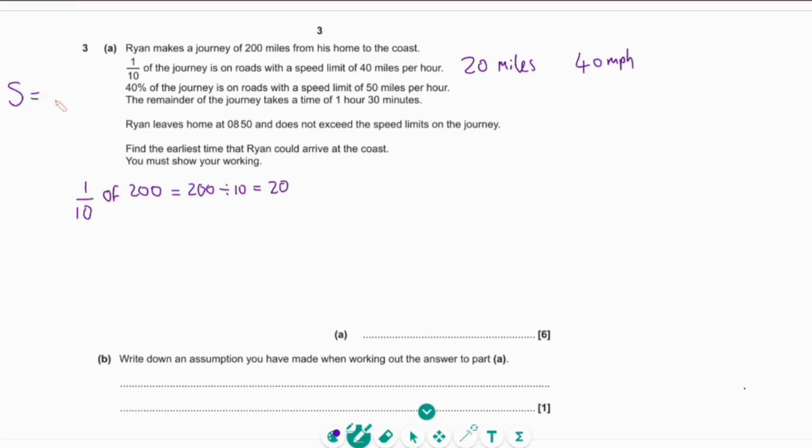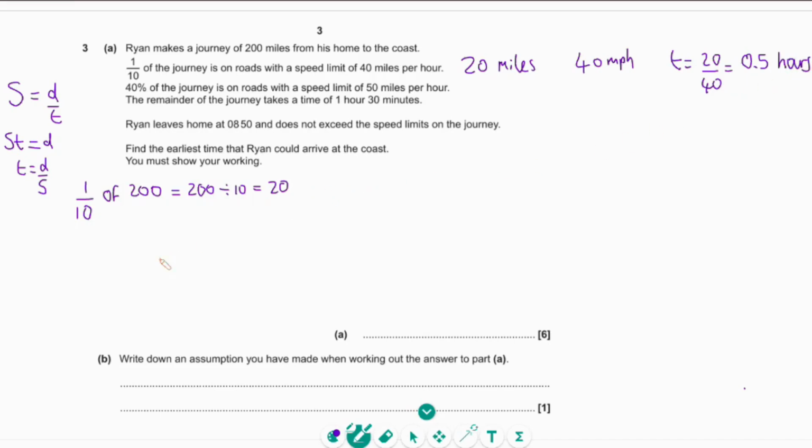Speed equals distance over time. If I rearrange this formula, times both sides by time, speed times time is distance. Then I can divide both sides by speed. Time equals distance over speed. 20 over 40 is 2 over 4, which is 1 over 2, which is 0.5. Because it's miles per hour, it's 0.5 hours.